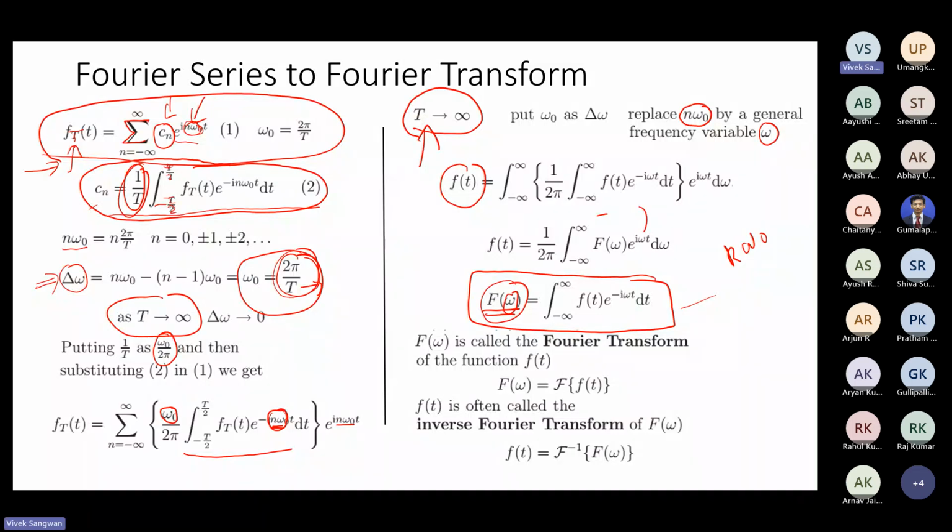But for the functions for which this transform exists, it is telling you that you are again able to express your original function f(t) as a sum. See, this outer integral is essentially a sum. What is inside is some coefficient times e^(j omega t), and omega goes from minus infinity to infinity.